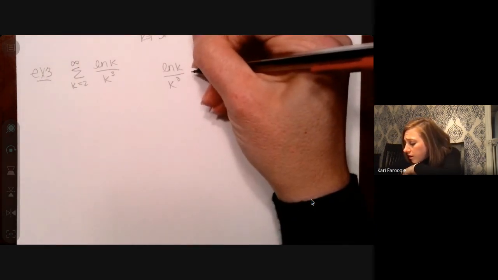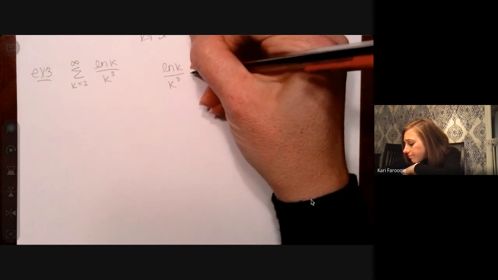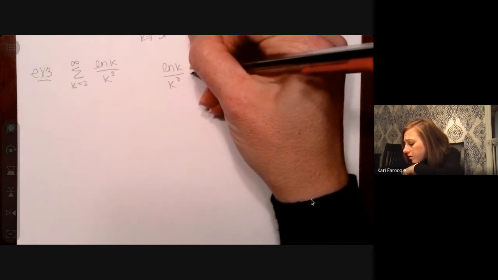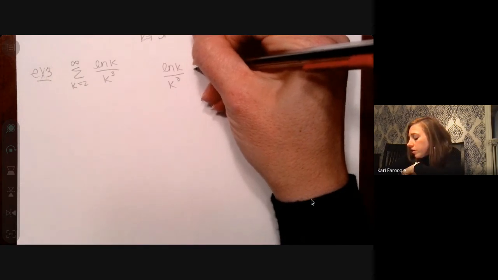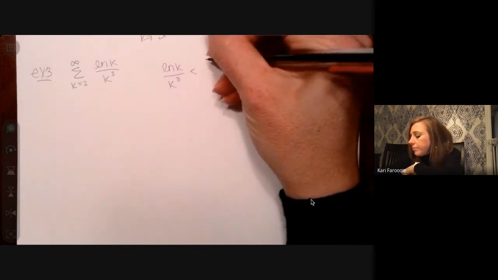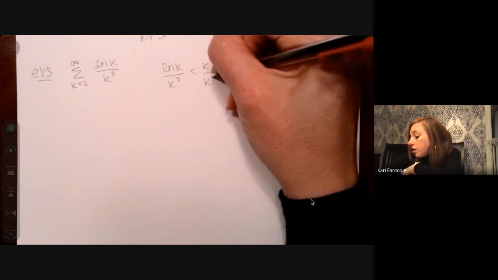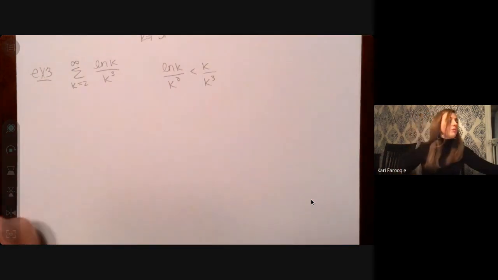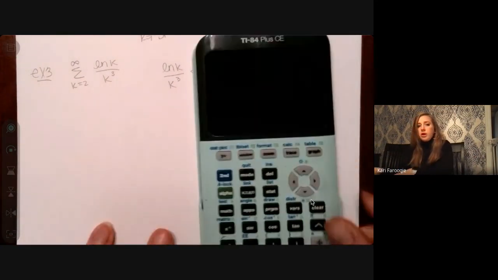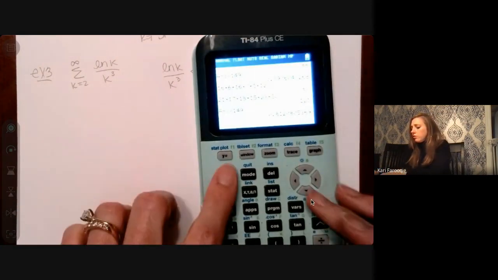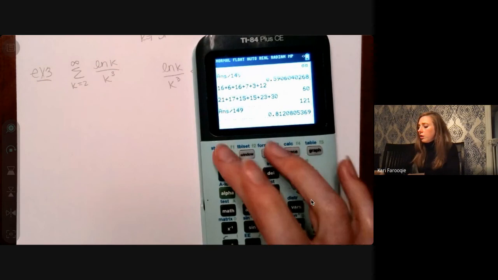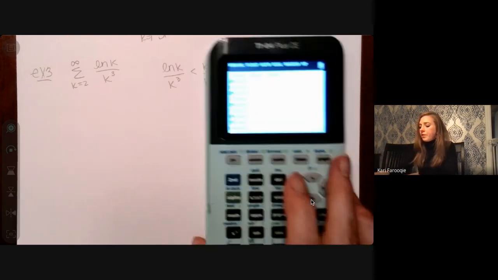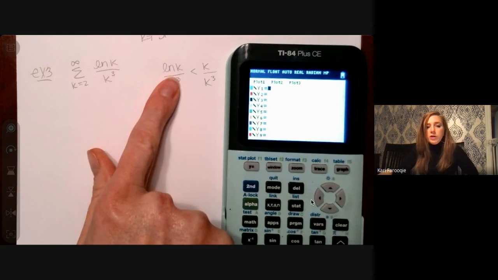But you can go ahead and set this up by comparing it to another function that's maybe linear in this case. You can say that the natural log of k is less than k. Maybe that's a weird concept for you, but think about what happens to these graphs. I'm going to graph the natural log of x, and I'm going to graph x.